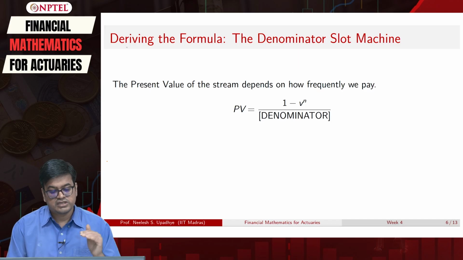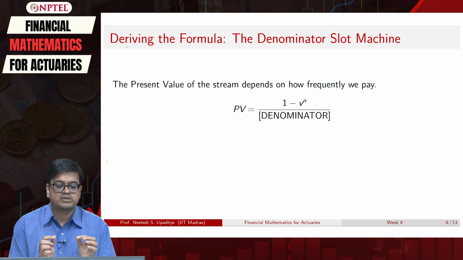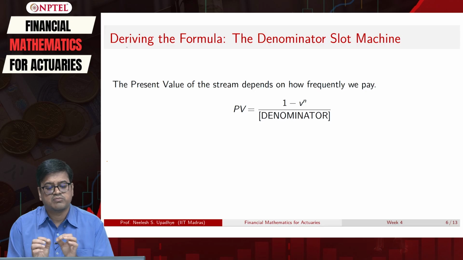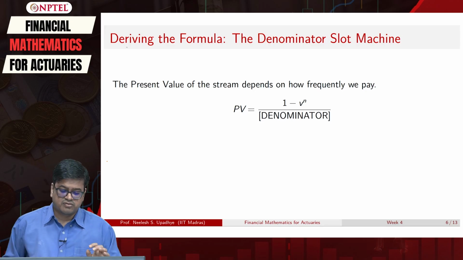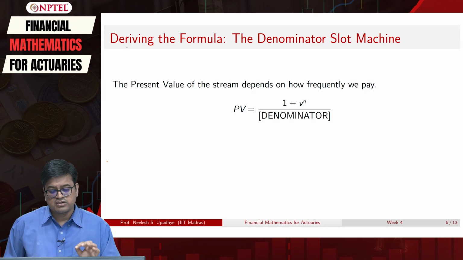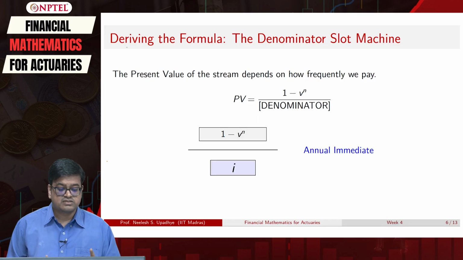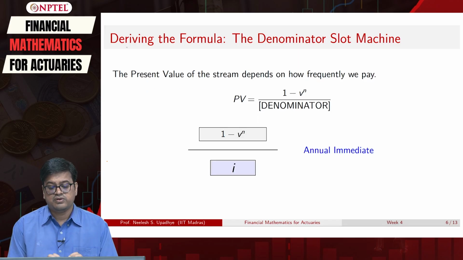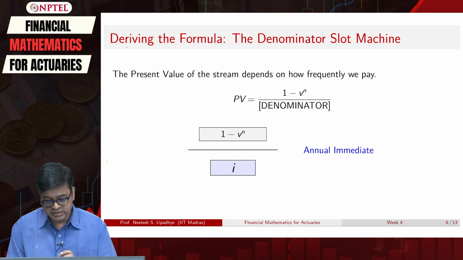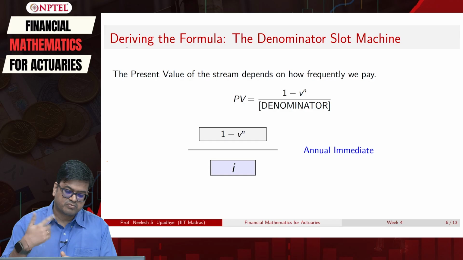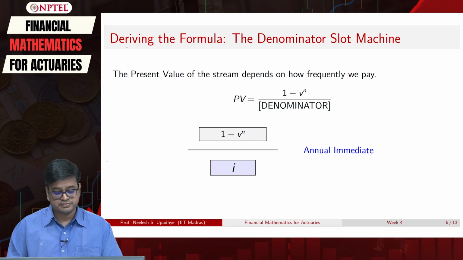And then there was a denominator for which we have to do some calculation, and it turned out that 1 plus I minus 1 was the denominator, and it turned out to be I. This is when it was an annual immediate annuity, which is immediate and computed on an annual basis.